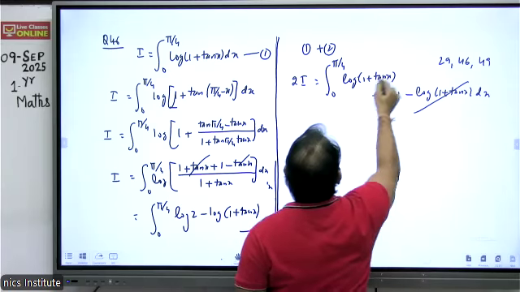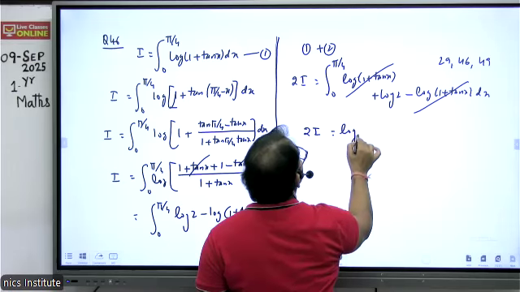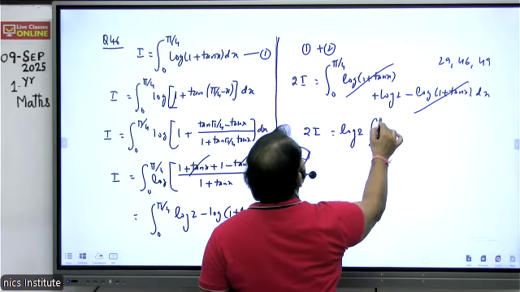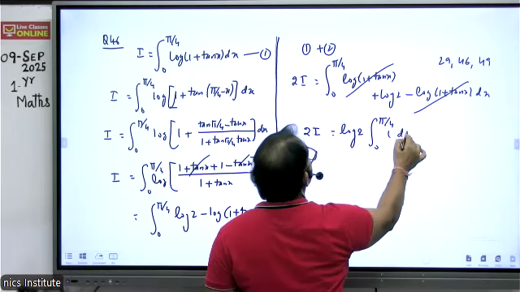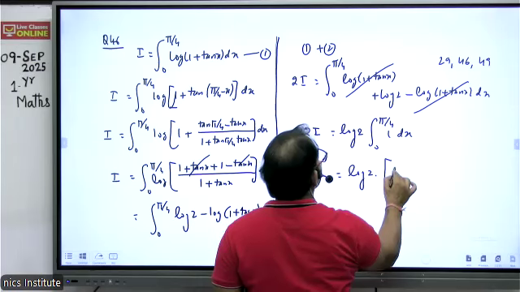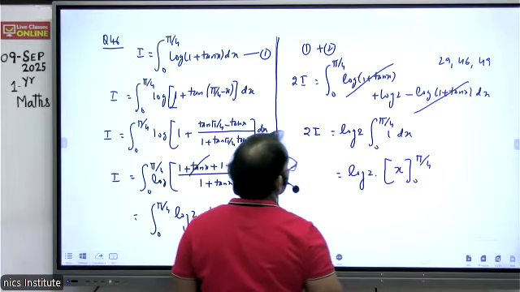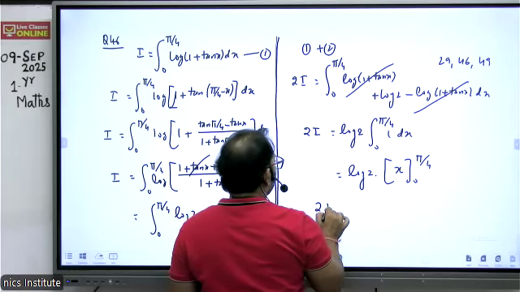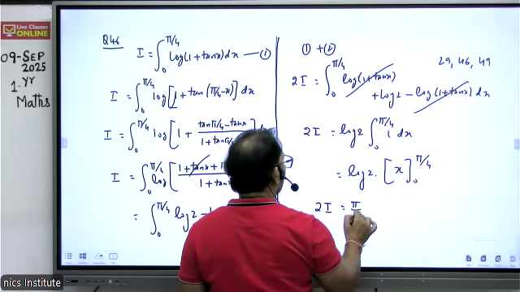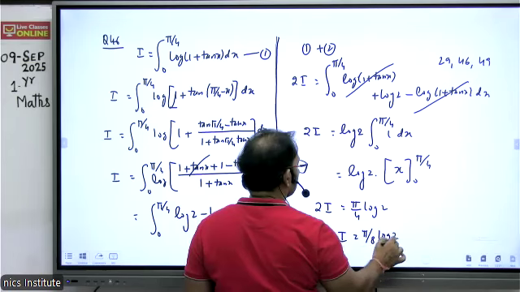It will cancel. Log 2 is constant, bring it out. So 2i is pi by 4 log 2. I is pi by 8 log 2.